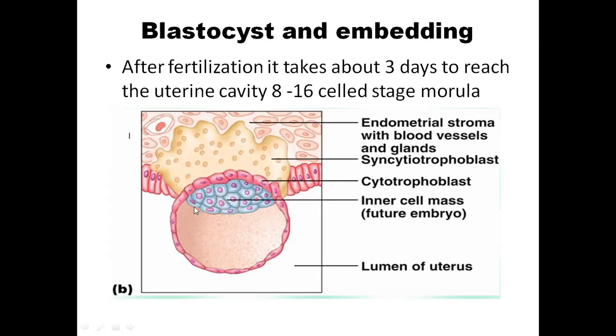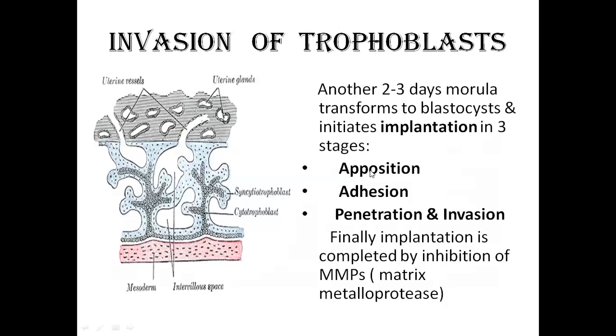So this now gets implanted into the dorsal wall of the uterus by 3 processes. That is, one is apposition, the other is adhesion, and finally the penetration or invasion.